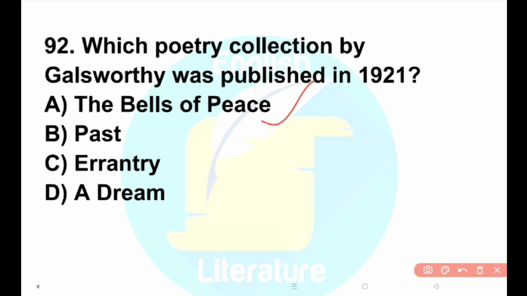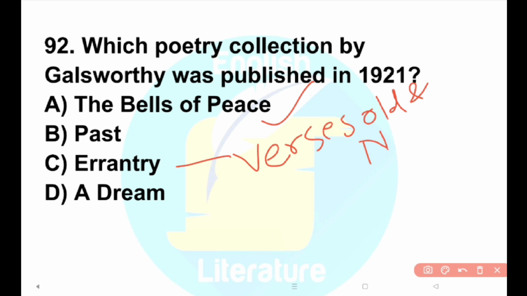This collection reflects Galsworthy's post-World War I sentiments. Another option is not an actual title; no such poetry collection by Galsworthy exists. Another is a poem, not a collection, and appears in Verses Old and New, 1926.